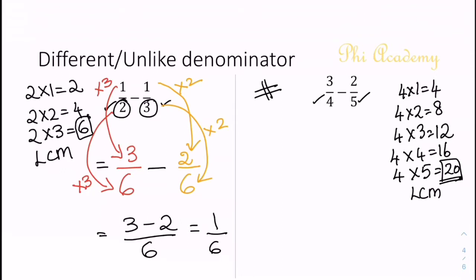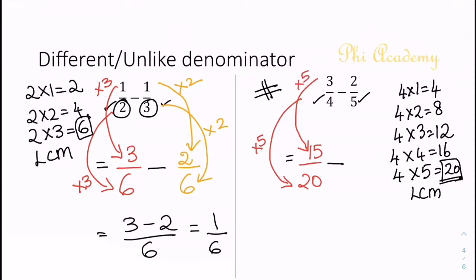So let's change 3/4 and 2/5 into equivalent fractions out of 20. Let's convert 3/4 as a fraction out of 20. So 4 to 20, I need to multiply by 5. So I have to do the same to the top number. 3 times 5 giving us 15, minus.